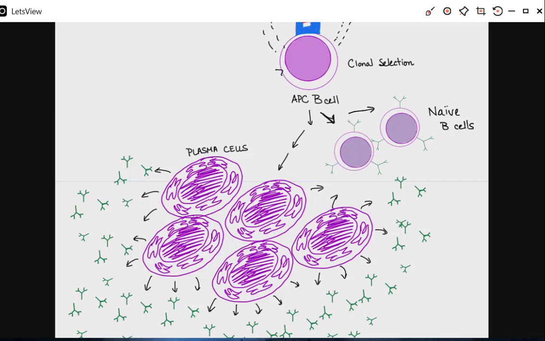So what that means is that we now have more copies of the original clone in the naive state, and they're not active, and they can be reactivated by subsequent exposure to antigen, but we have more of them than what we had initially. And these get reshuffled throughout the lymphatic system, and we have a special name for these. These are called memory cells. And we're going to look at the function of memory cells when we get to lecture 5.